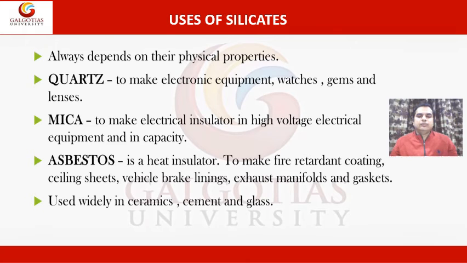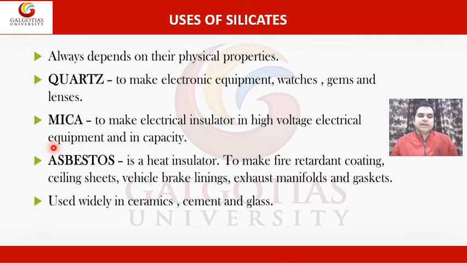Now let us discuss the various uses of silicates. It always depends on their physical properties, where we can utilize the different silicate minerals in different areas. Quartz can be utilized to make electronic equipment, watches, gems, lenses, etc. Mica can be utilized to make electrical insulators in high voltage electrical equipment and in capacitors.